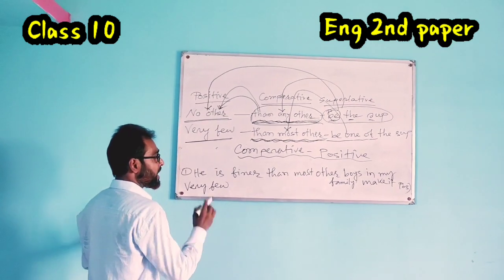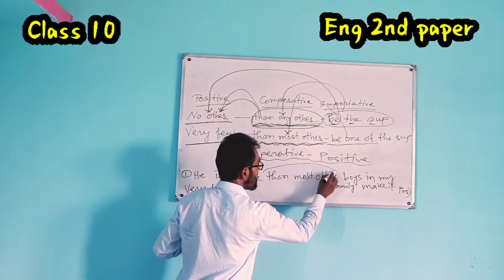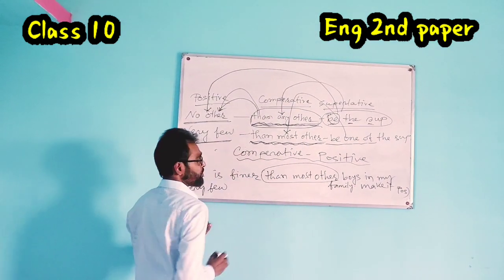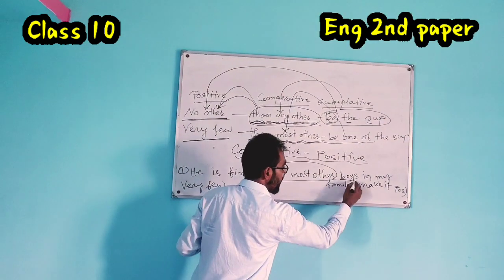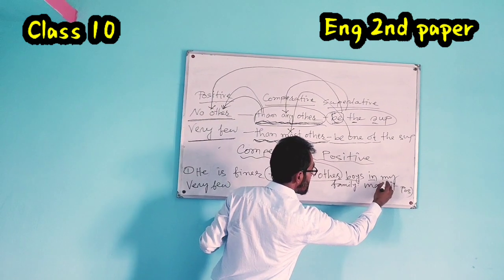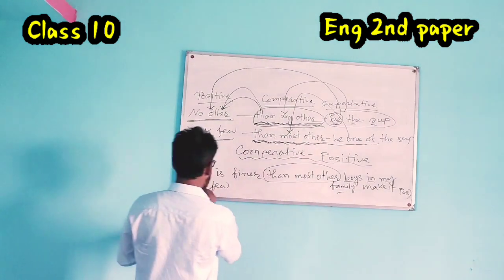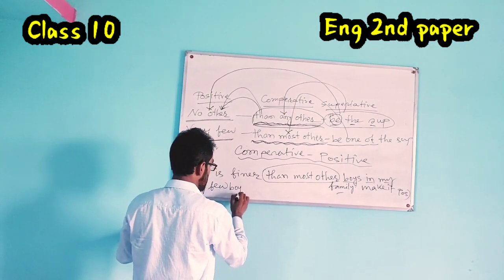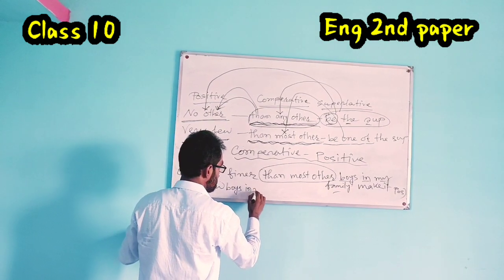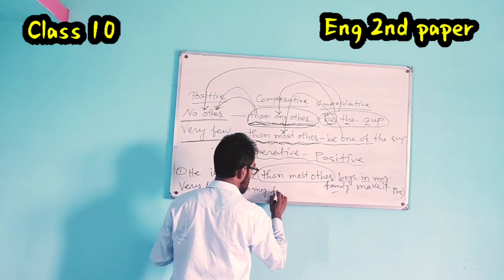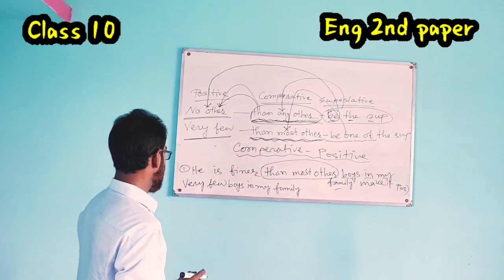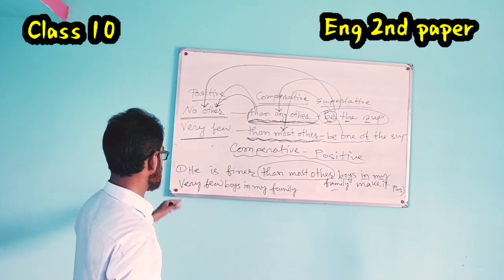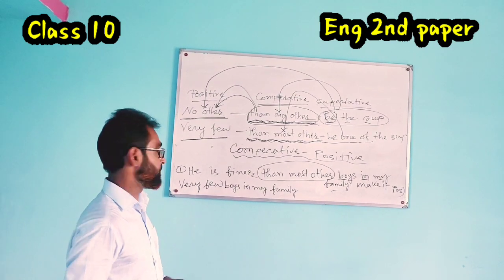Very few. Now we need the last portion of the sentence after than most other: boys in my family. Very few boys in my family. Now we need a verb.